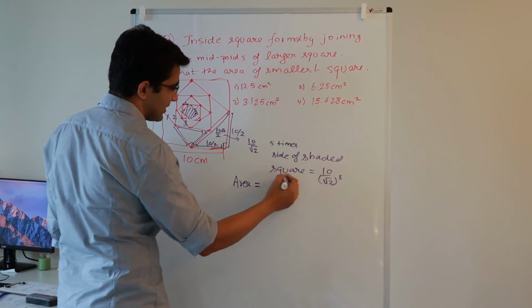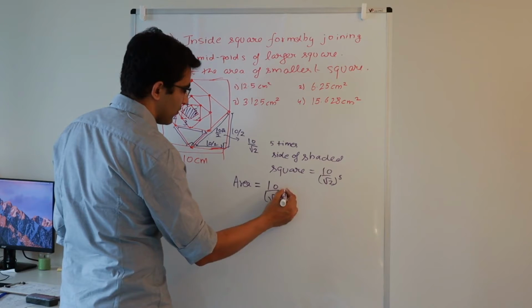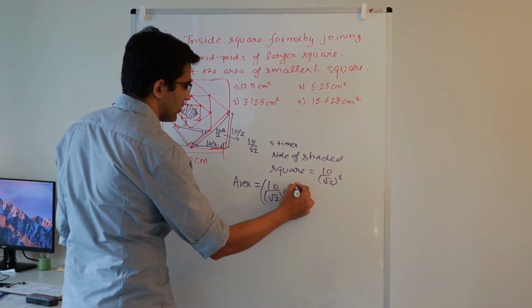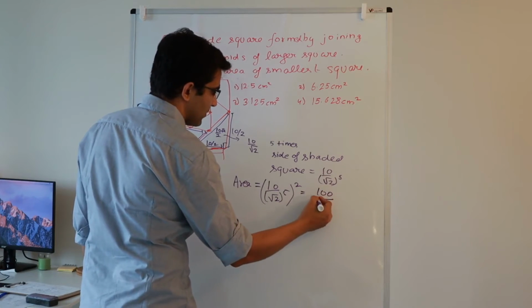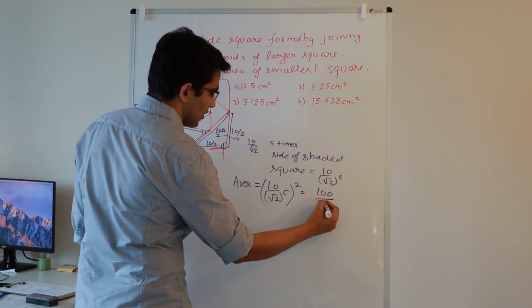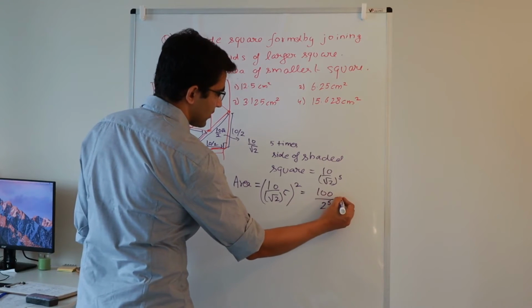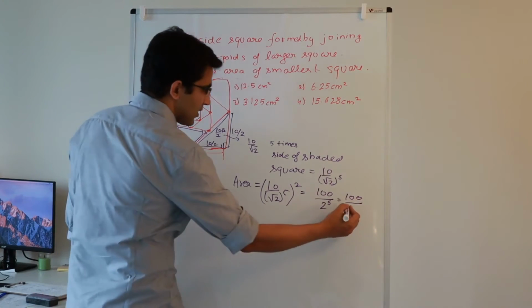Equals to basically the side squared. So we'll do 10 by root 2 to the power 5, and then square of this whole thing, which will become 100 divided by 2 to the power 5. That is 100 divided by 32.